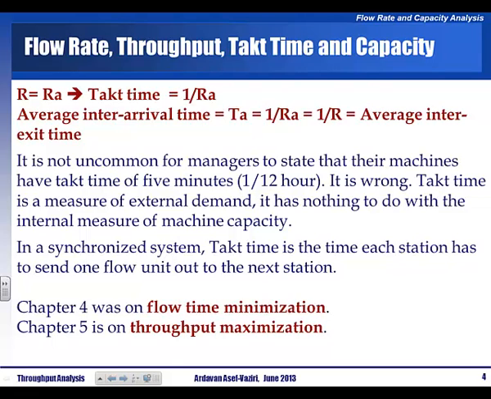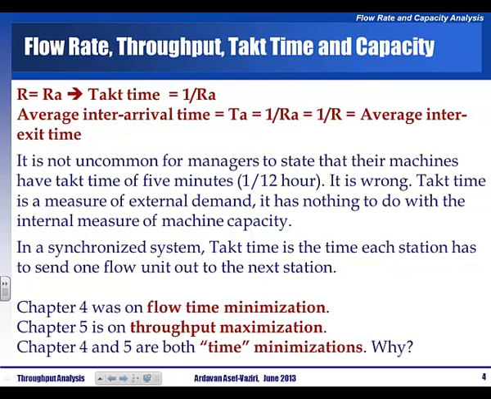At the same time, like the flow time chapter, in the throughput chapter also, we try to minimize something. We try to minimize time. What is that time? We try to minimize cycle time and we try to minimize takt time. So we can say both throughput and flow time chapters are on time minimization. In one of them, we try to minimize flow time, in the other, minimize cycle time and takt time.